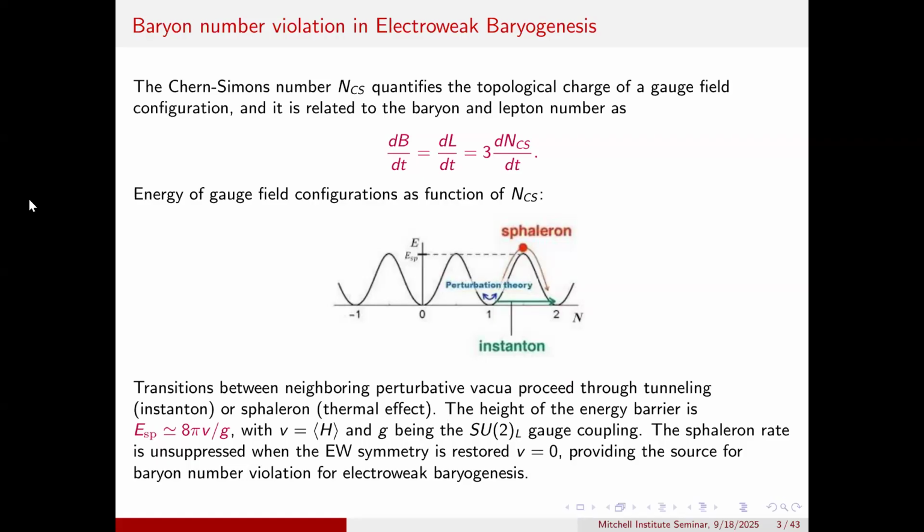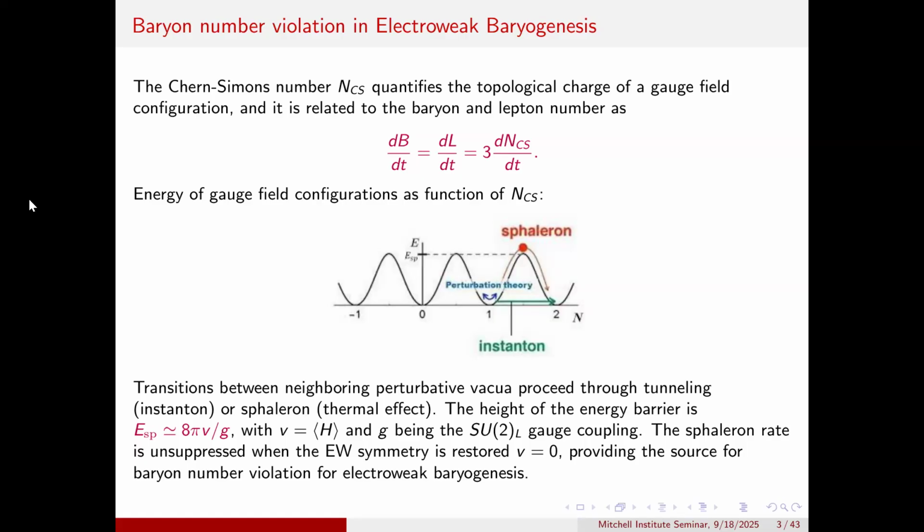Around each minimum, the fluctuation can be described by perturbation theory. However, the transition between two neighboring minima is a non-perturbative effect, and it could proceed in two ways. One way is to hop over the barrier by thermal effects, and this is called the sphaleron.